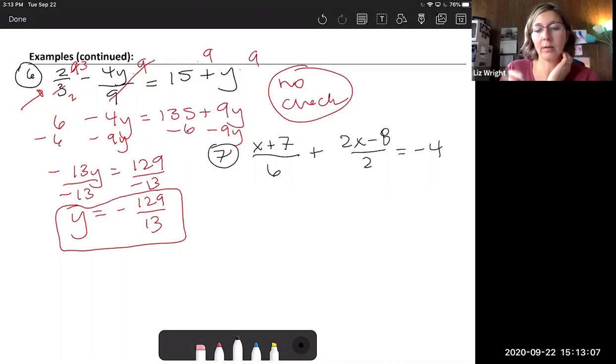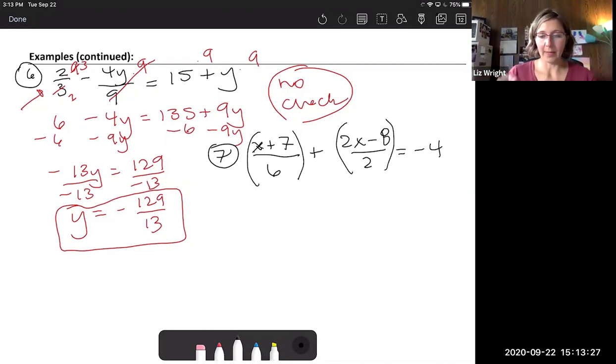And be careful here. It's not like this is a term and this is a term. How we're going to view this is that this entire fraction is a term, and this is a term. So it's a rational expression, okay?